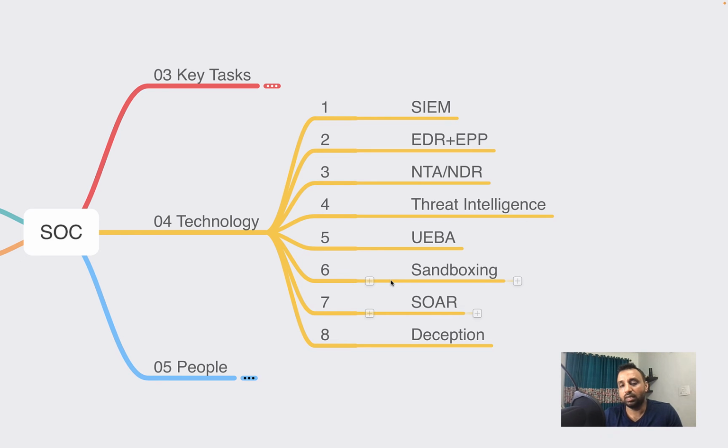So this is a virtual simulation. What it does is it executes a file in a virtual environment, and tries to find what changes it is making. So let's say you email someone a file, or you receive an email with an attachment.